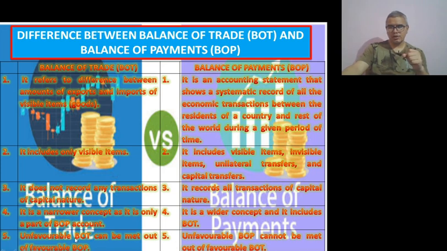However, balance of trade disequilibrium can be made up by the balance of payments, but in case of unfavorable balance of payments, that is balance of payments disequilibrium, it cannot be covered by changes in balance of trade. Hope you have understood whatever we have discussed today.